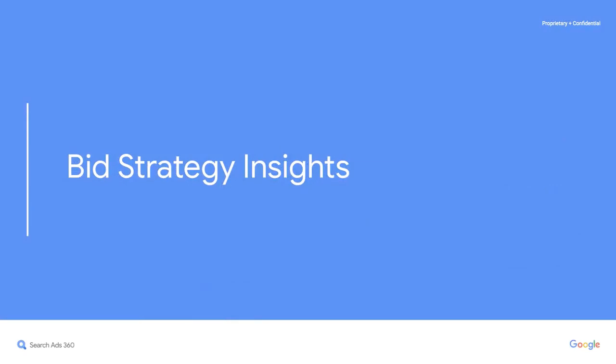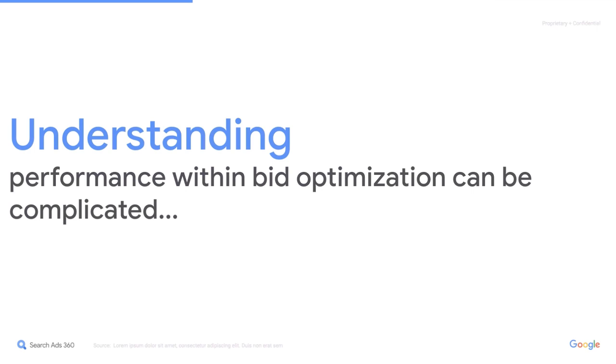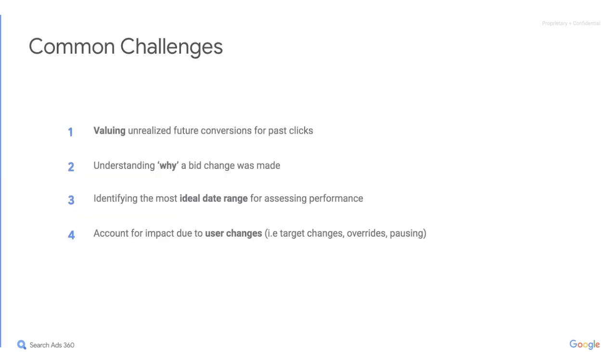One of the other features that we wanted to cover today is bid strategy insights. We understand that understanding performance can be a bit complicated in today's world. Some of the common challenges that we see our advertisers facing is, firstly, not all conversions happen on the same day.